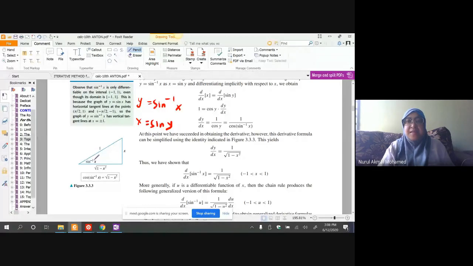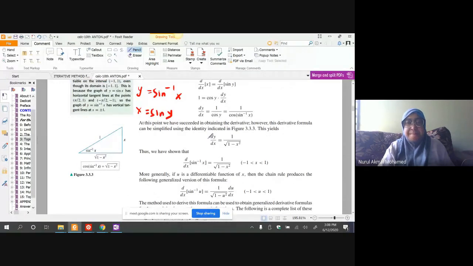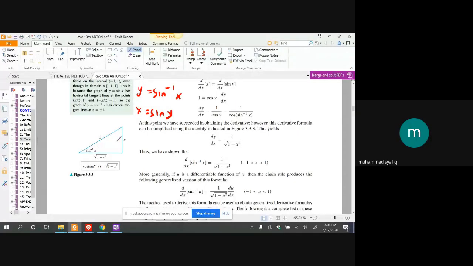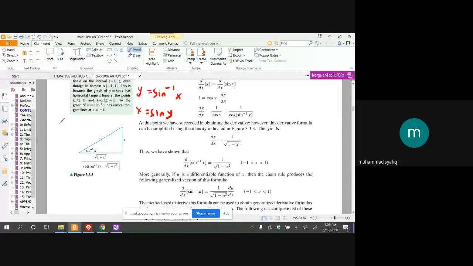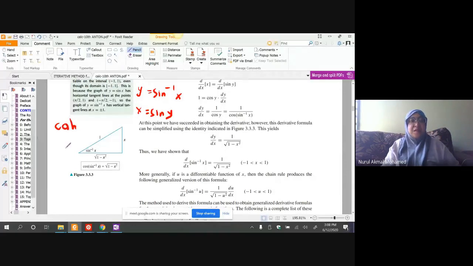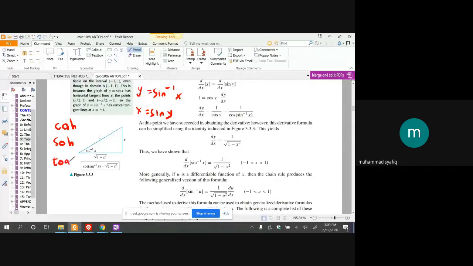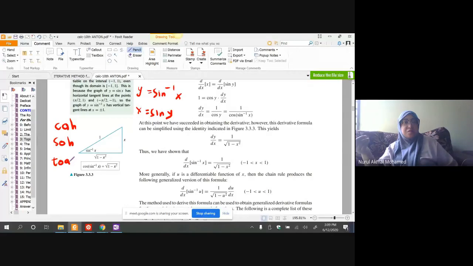Now, cos of x, from the formula that you have learned before. For cos it is kah, so kahtua.